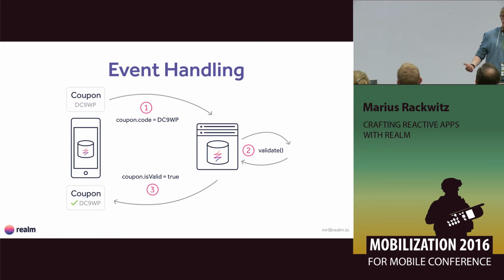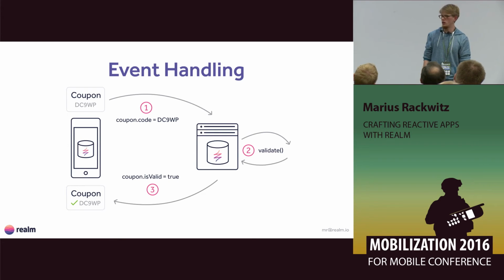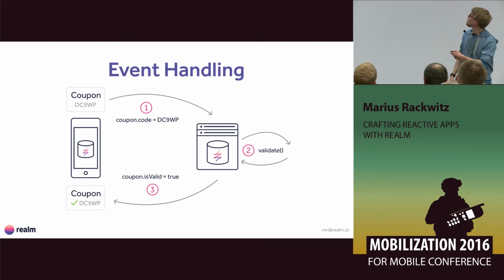So say we have an app we have built for a sports chain, and we have coupons for their stores. And you want to validate in the app whether a specific coupon is valid. So you create this coupon object with the code, and once it is created, it will be sent to the server.